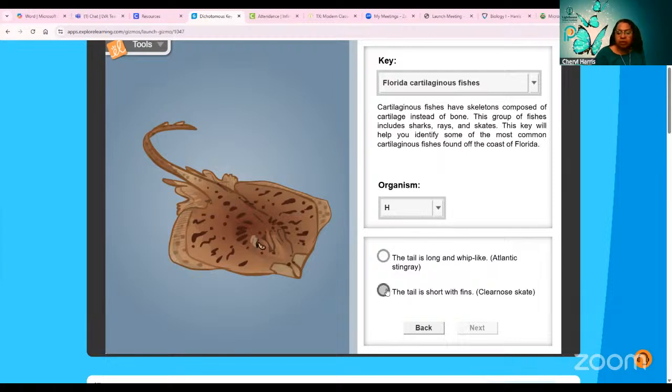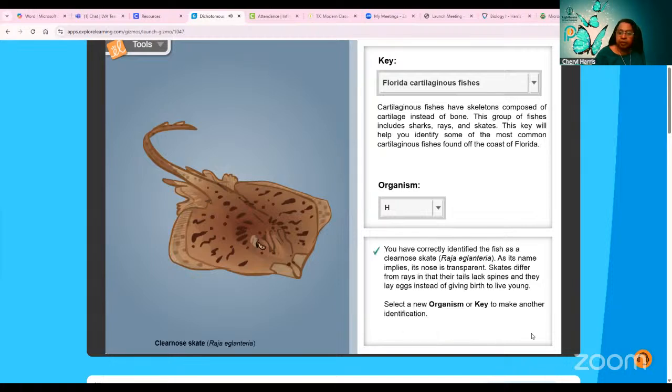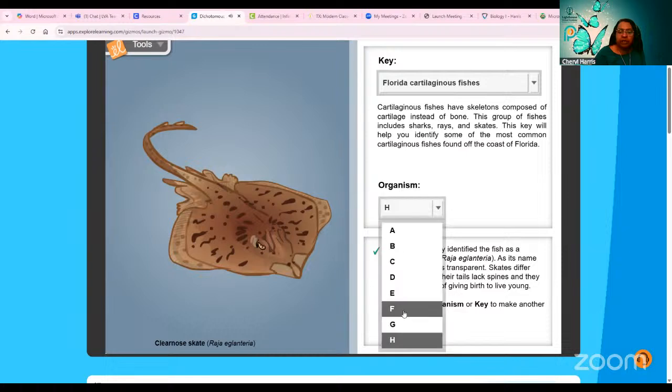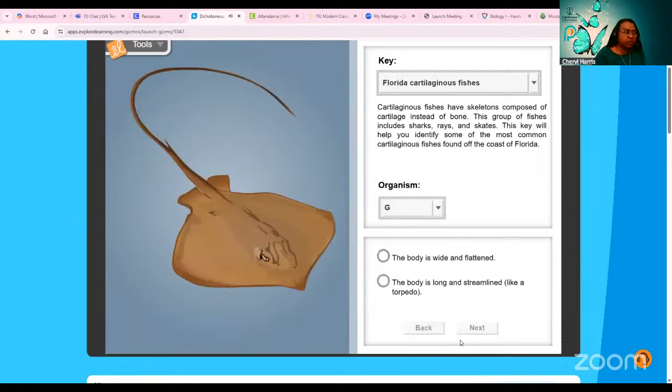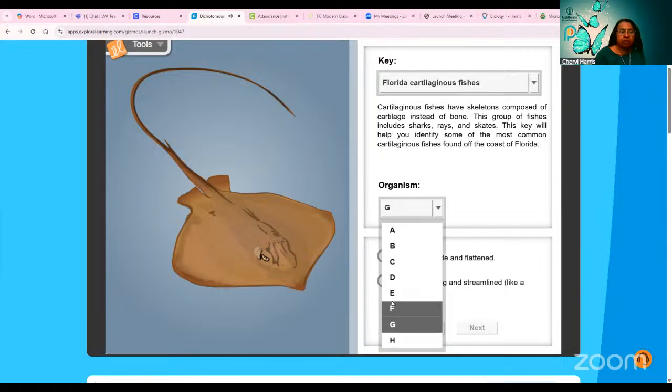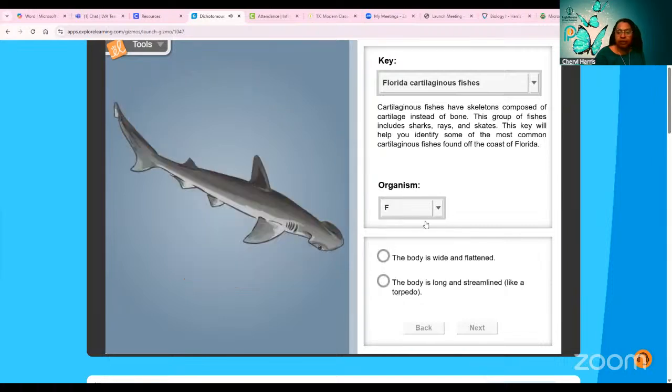Okay, so this one has fins, not like a whip. I hope you see the difference between that tail and this tail. That's definitely a fin.